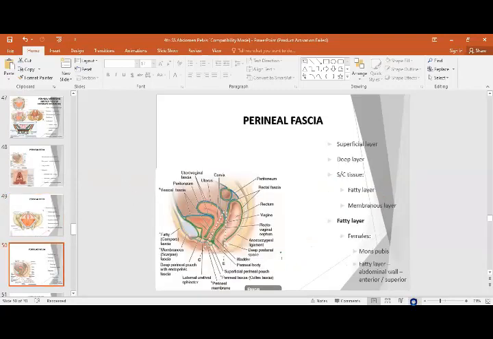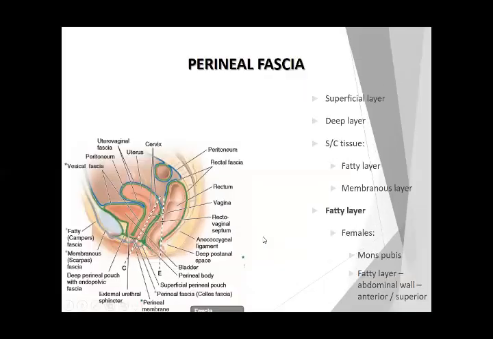So I'll repeat it again. Fatty layer of perineal fascia. Please follow this yellow thing. I told you earlier that the fascia in the perineum is continuous with the fascia present in the anterior abdominal wall, which has a fatty layer and a membranous layer. This yellow is the fatty layer.